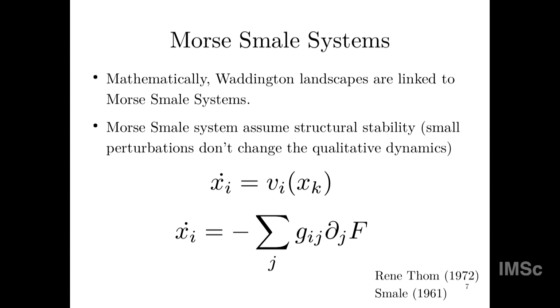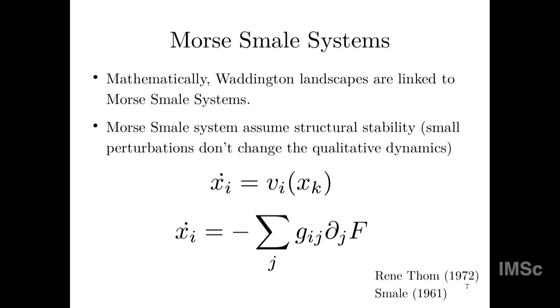And there's some old work which we're building on by René Thom in particular, which says that Waddington landscapes, this idea that you have these robust developmental trajectories, are linked to what are called Morse-Smale systems. And the main thing in Morse-Smale systems that links to ideas of Waddington is this concept of structural stability.